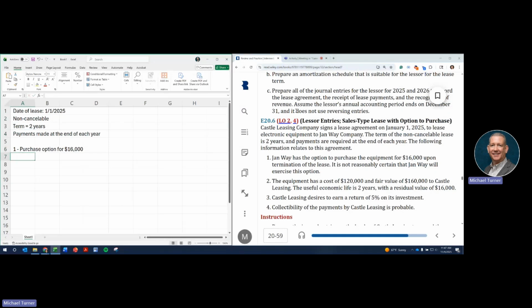Number 2, the equipment has a cost of $120,000. Let's note these facts. That is a fair value of $160,000. The life is 2 years.